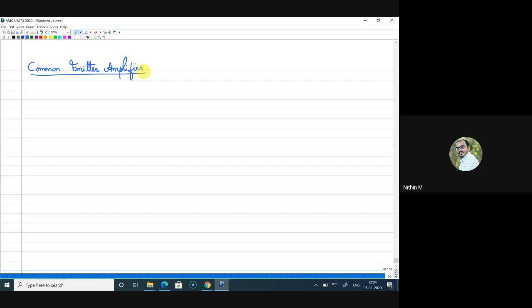Taking the active device, input will be given to base, output will be taken from collector, but I will connect a resistance as the load. I call it RC, and this is VCC. Since the emitter is common, we call this the common emitter amplifier, right?